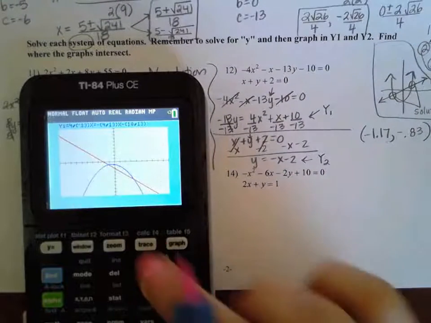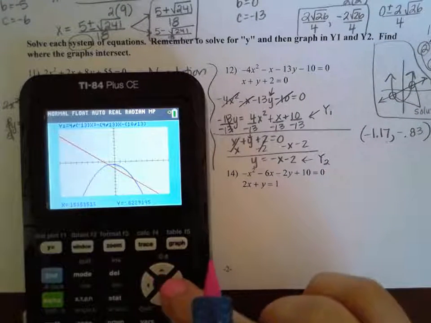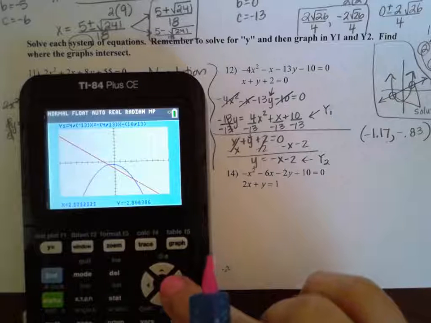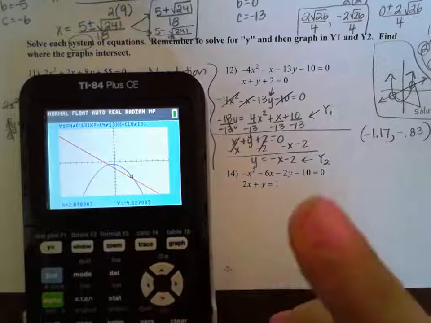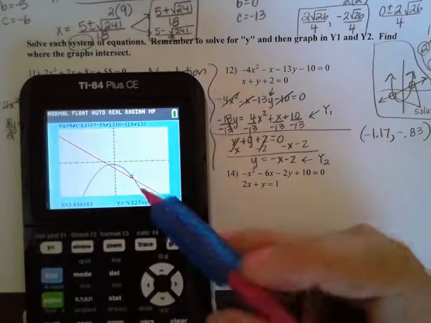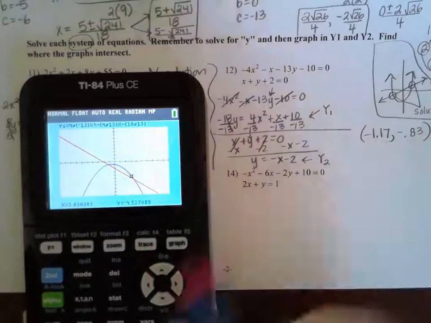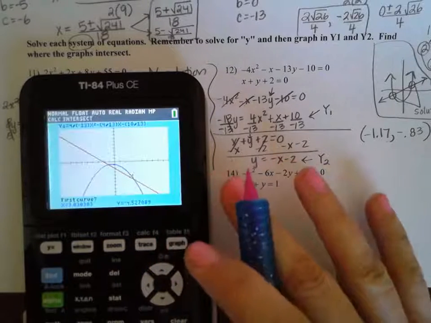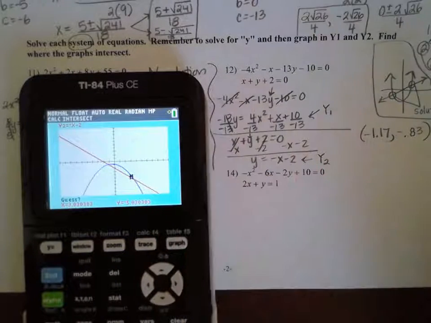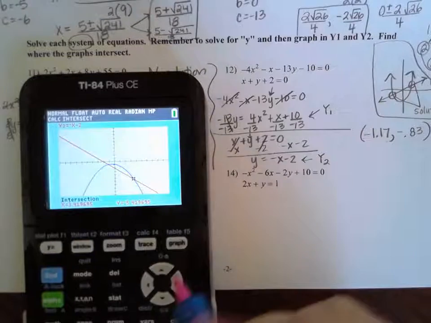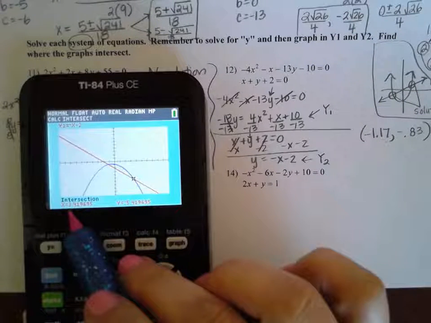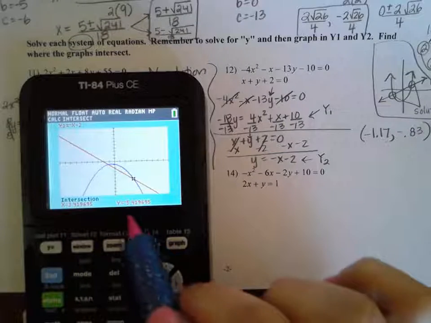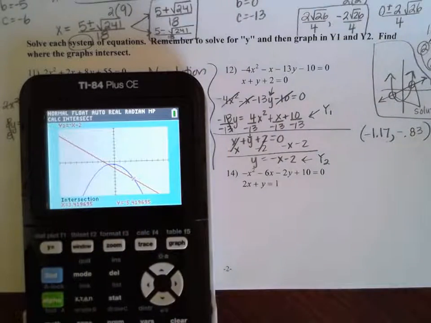Now, we're going to hit trace, and we're going to arrow over closer to the other spot. We don't have to be right on top of it, but we do need to be closer to it to tell our calculator that this is the one that we want to find. So second, trace, number 5, enter, 3 times basically. So that point is going to be 3.42, comma, negative 5.42.